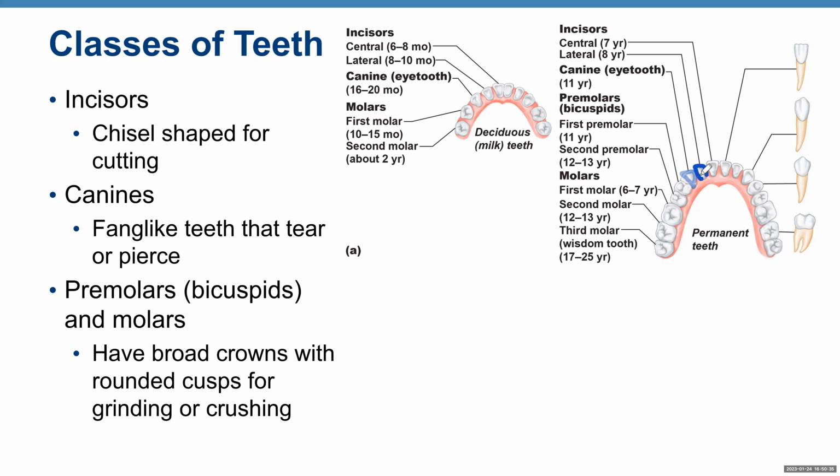But because you have 2 on the right side and 2 on the left side, the total is 4. Then you have 1 canine on the right and 1 canine on the left, so there's going to be 2. Then 2 premolars or bicuspids, so total 4, and 3 molars, so total 6.